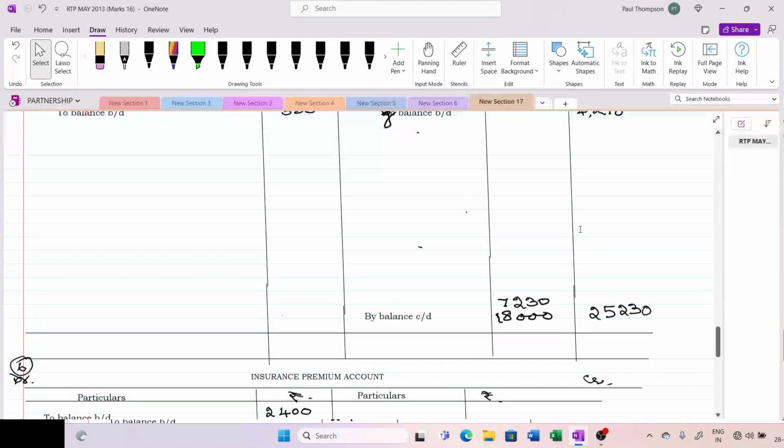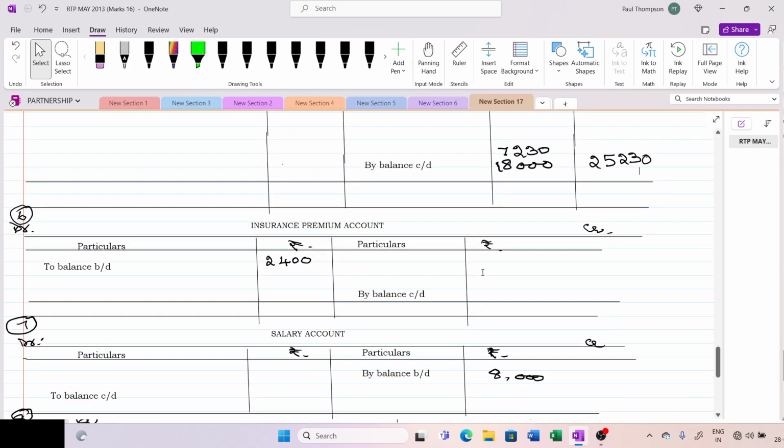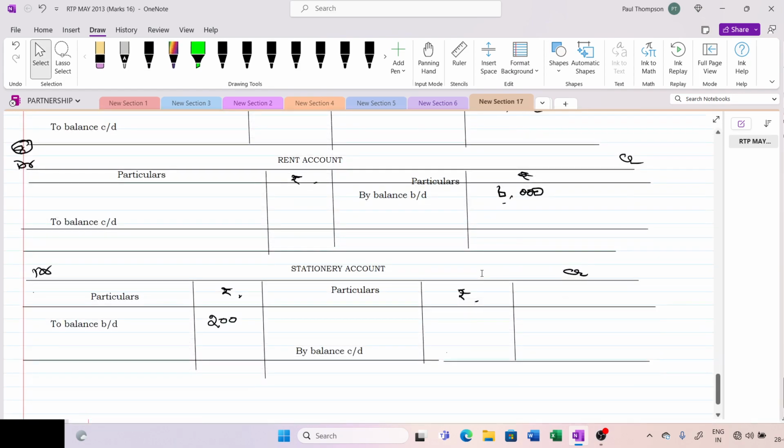Now moving on to the next item, unexpired insurance. Closing balance is 2,500. This should go to our balance sheet also. Next item is stationery, 230. Closing balance is 250.